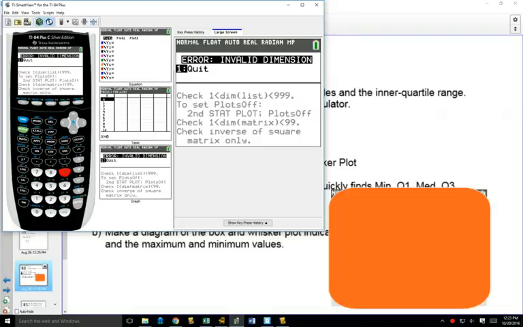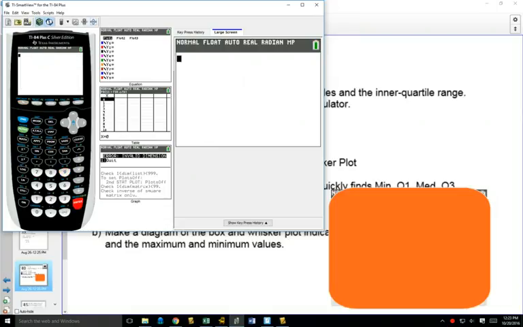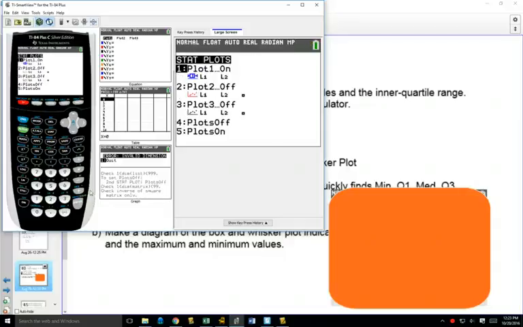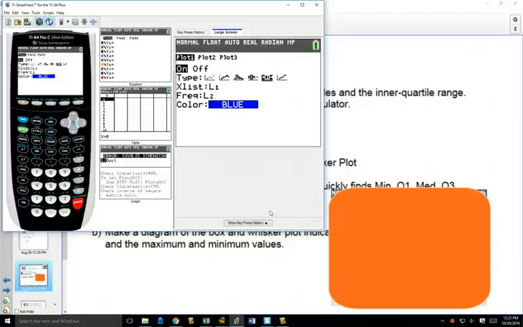Invalid dimension. Wonderful. What did I do? Got our data in list 1. Second stat plot, it might have had my frequency on something here. So, yes. So once we've just got data in list 1, we don't have any frequencies.